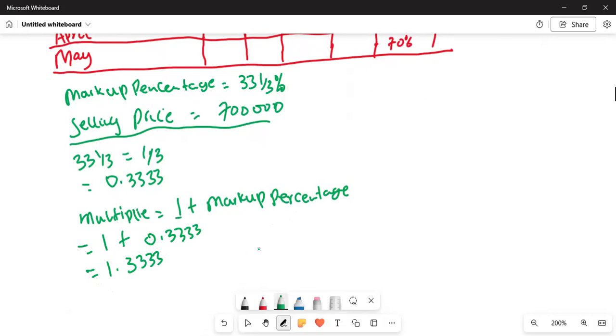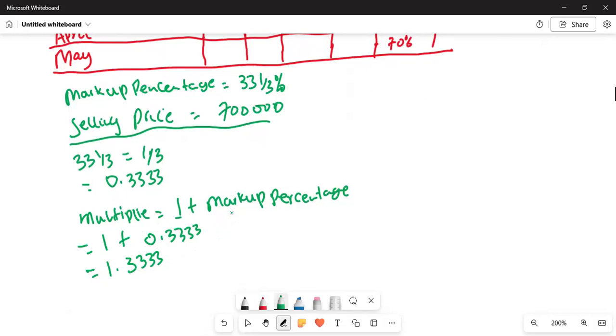But one can ask, why do we add 1? That is a very important question. Why do we add 1 to the markup percentage? We add 1 because the 1 represents the original cost price. We know that our goods are produced at 100% of the cost.